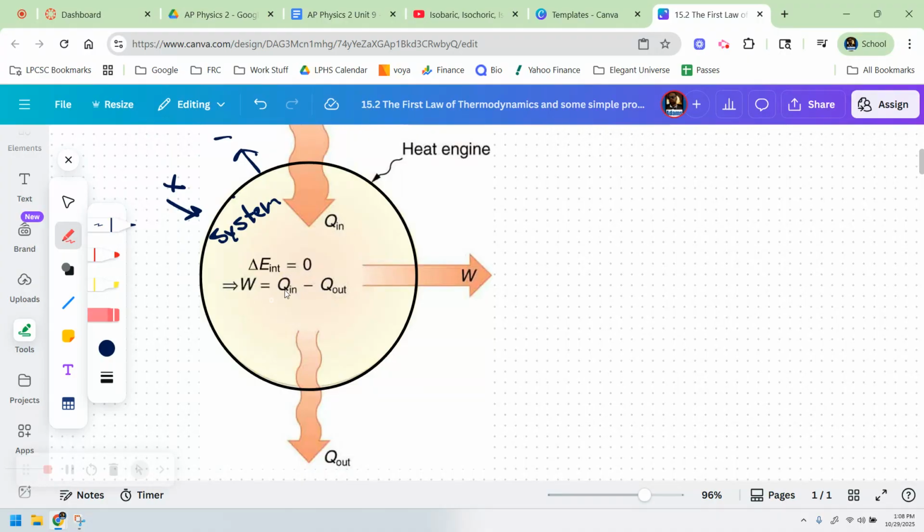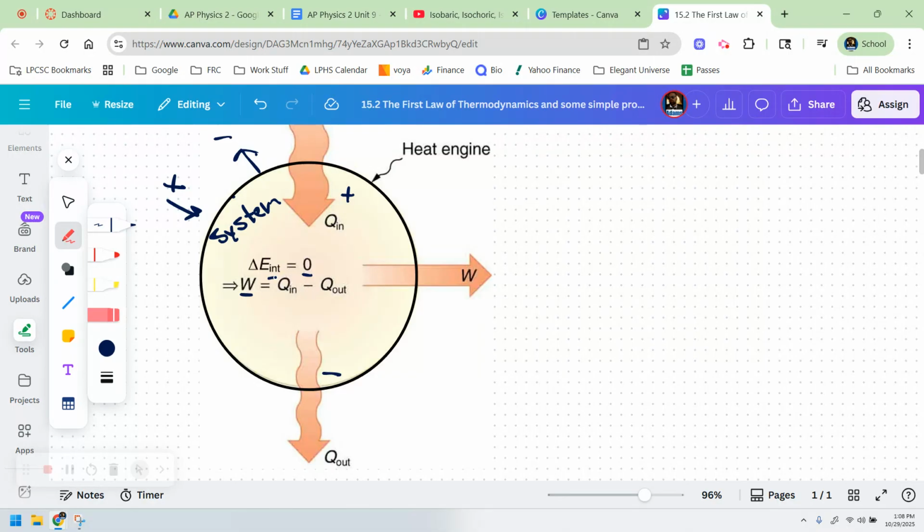So in terms of the internal energy, the change in internal energy is kind of zero, and the work that's being done is actually the change in heat energy. So I have a certain value of heat coming into my system, and then as it leaves the system, we have to subtract it.